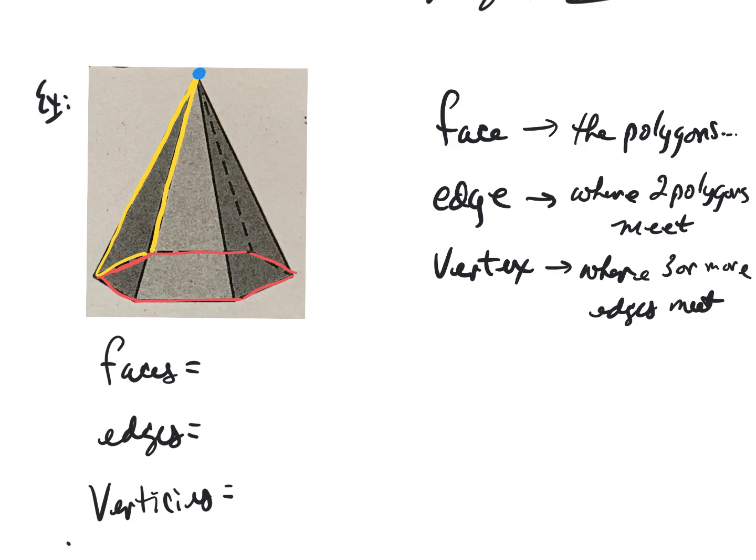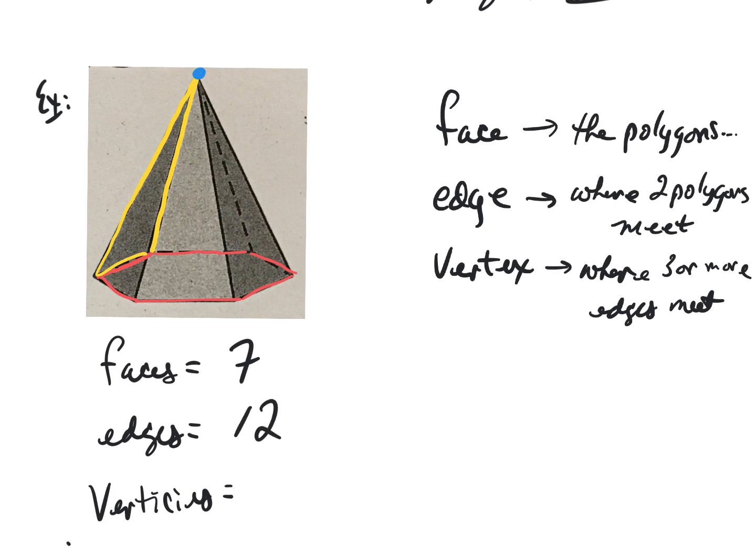So one base, 6 triangular sides, would give us a total of 7 faces. Okay? The number of edges then would be where all of those triangles meet, right? So 6 triangles would meet on 6 edges, plus there's 6 edges around the hexagon at the base, so 6 plus 6 gets a total of 12.